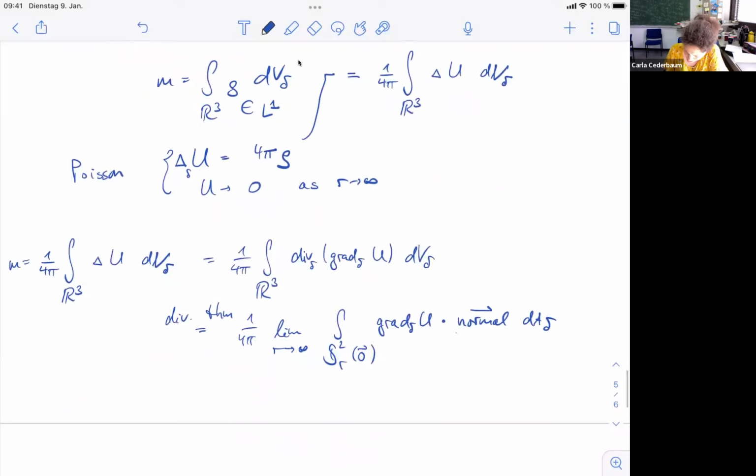And then if you think about it, and I already mentioned it earlier, this normal is really nothing else than x over r in Euclidean space, the normal to the sphere. And so I can rewrite this as the sum over i from 1 to 3 of partial u over partial x^i times x^i over r.